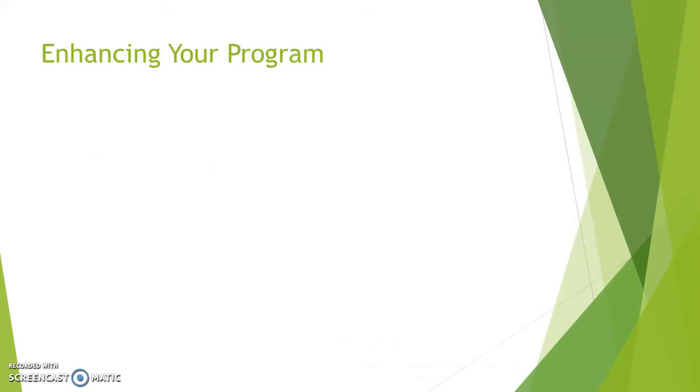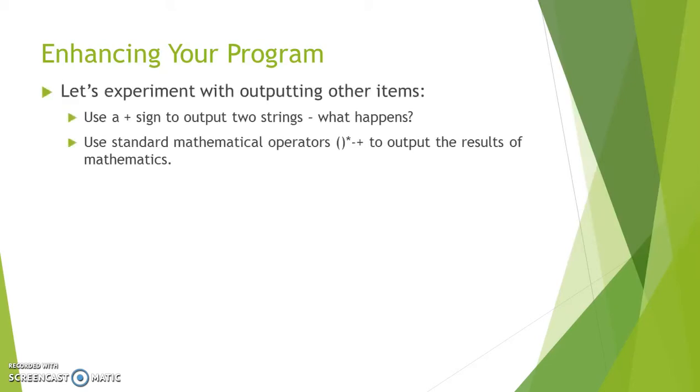So you can go ahead and write a similar program to the one I just did. And then once you've got that running on the screen, once you've compiled it successfully, try experimenting with it. Try using a plus sign to output two strings and see what happens.